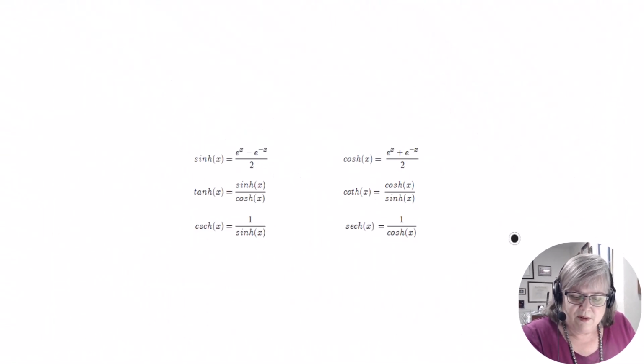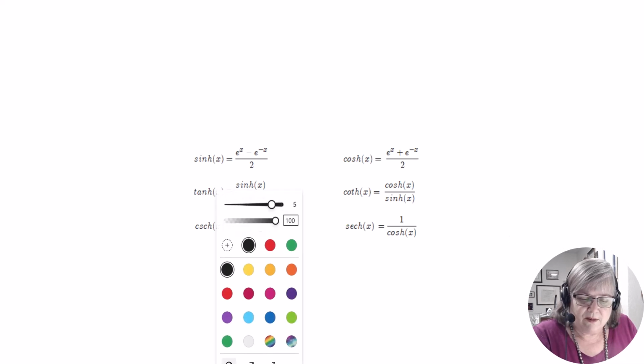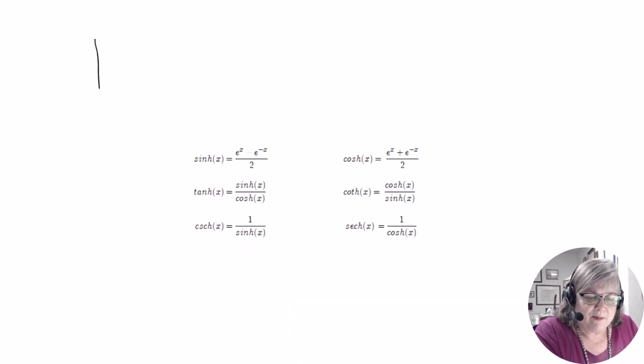Now, when you did the trig functions and you learned about them, they would have you plot them and graph them with, I'm going to do my best to draw a circle, with the unit circle.